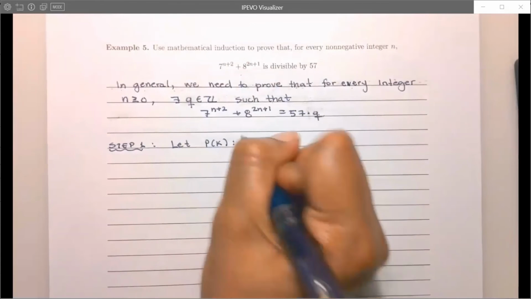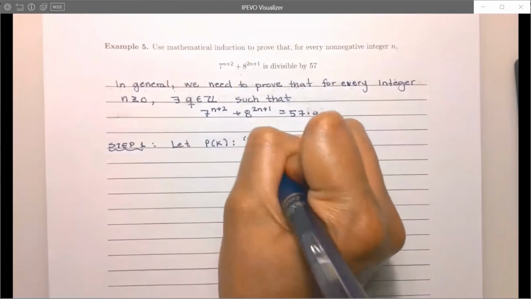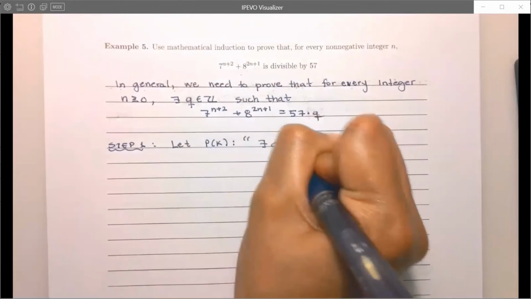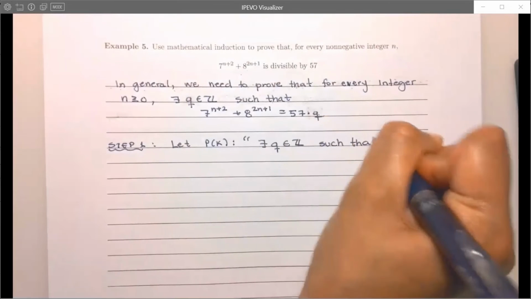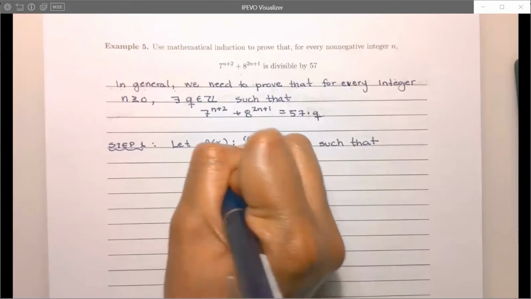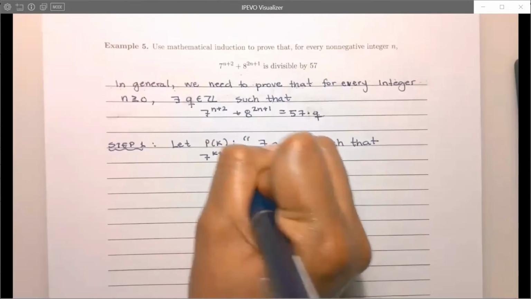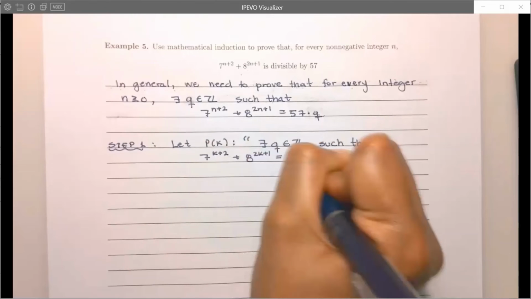Okay, so I'm going to let P of k be the statement, there exists some integer q such that 7 to the k plus 2 plus 8 to the 2k plus 1 will be equal to 57 times q.